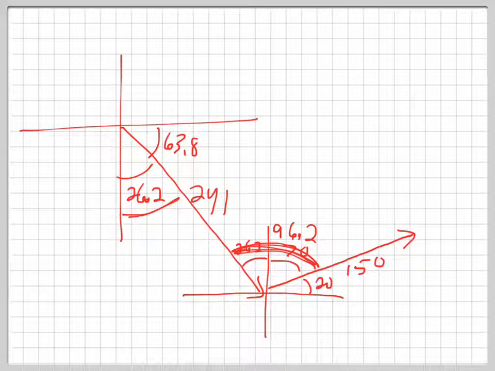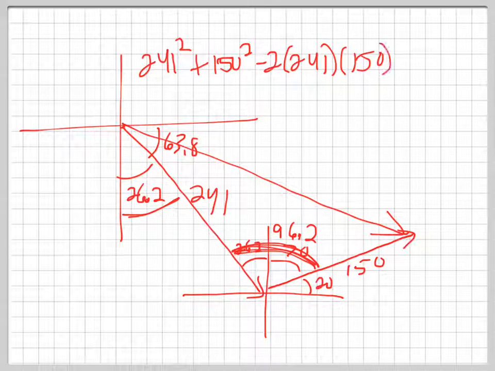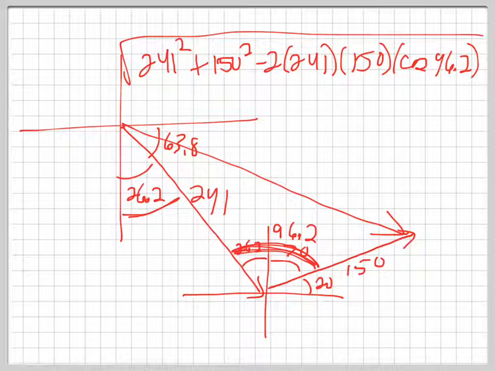96.2 degrees. Okay, so my resultant goes from here down to here, and I have side angle side, so I have 241 squared plus 150 squared minus 2 times 241 times 150 times the cosine of 96.2. Boy, I really hope I'm doing this problem right. Hope I didn't mess up somewhere. Square root.